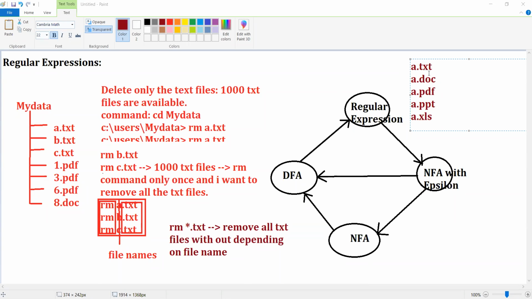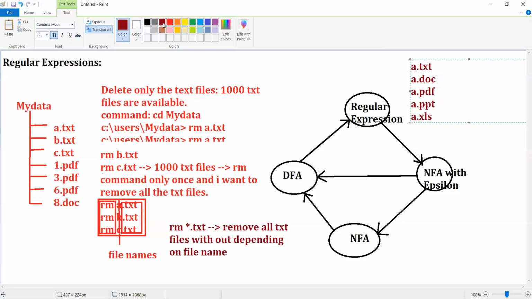I am not worried about what type of file it is, whether it is a text file or document file or PDF file or PPT file or Excel file or whatever. If that file has the file name A, then I want to remove that file.